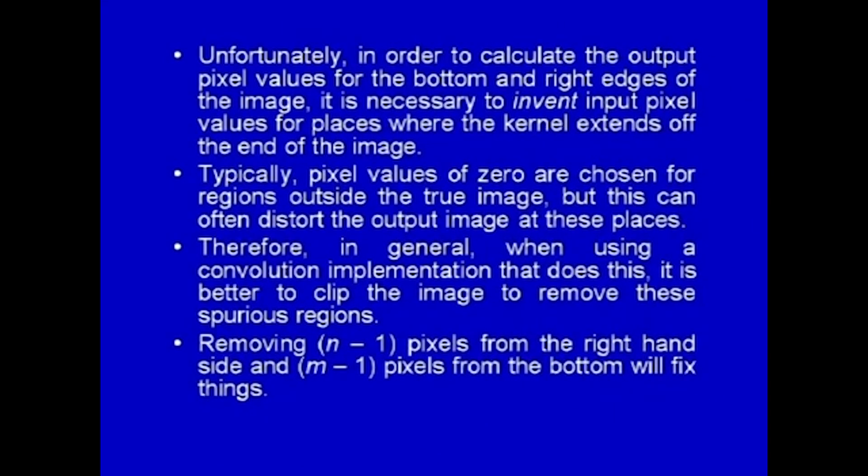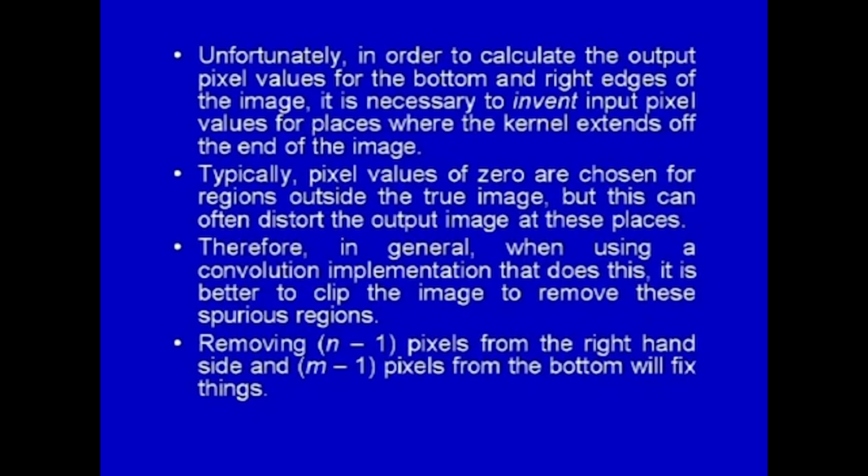One advantage of this approach is that the output image is the same size as the input image. Unfortunately, in order to calculate the output pixel values of the bottom and the right edges of the image, it is necessary to invent input pixel values for the places where the kernel extends off the end of the image. Typically, pixel values of 0 are chosen for the regions outside the true image, but this can often distort the output image at these places.